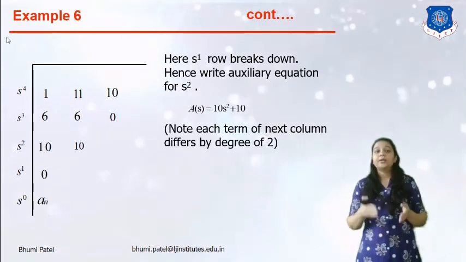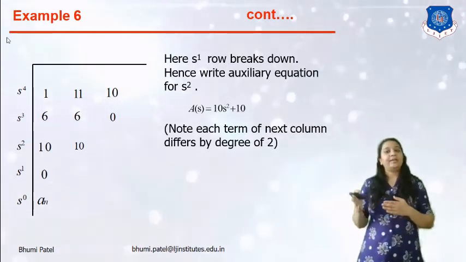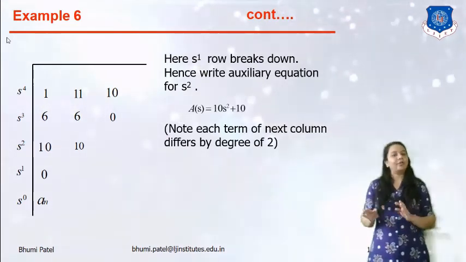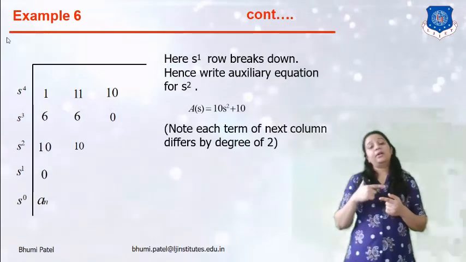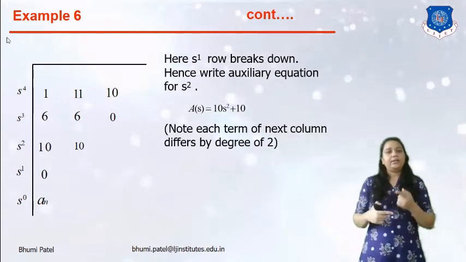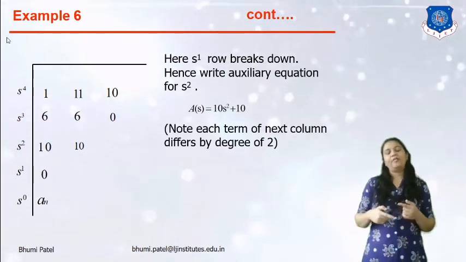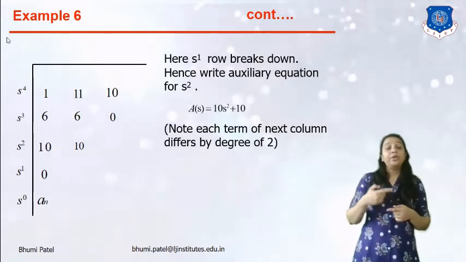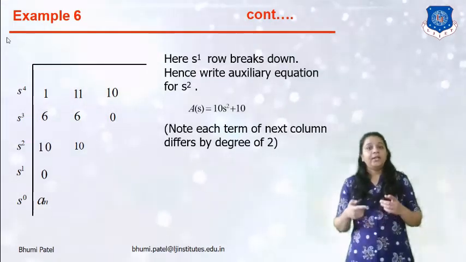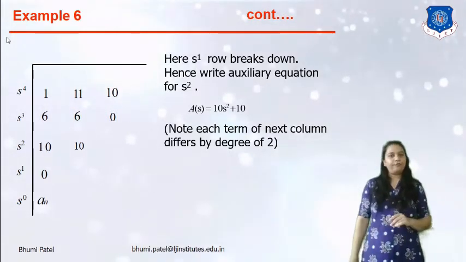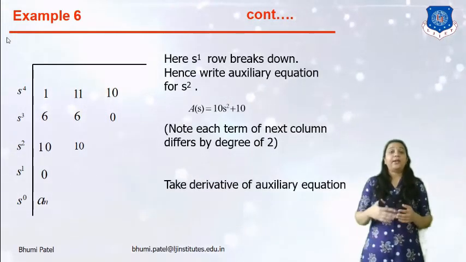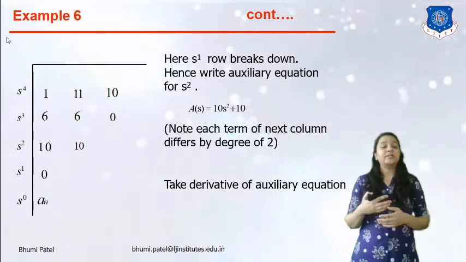Note that each term differs by a degree of 2, because we skip alternate elements in the Routh array. So whenever you write the auxiliary equation, remember that each term differs by a degree of 2.